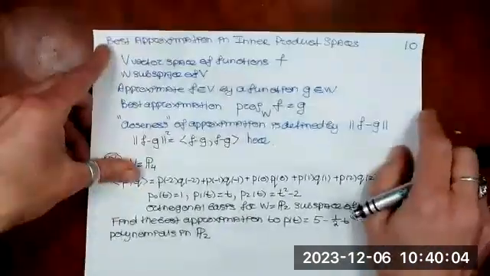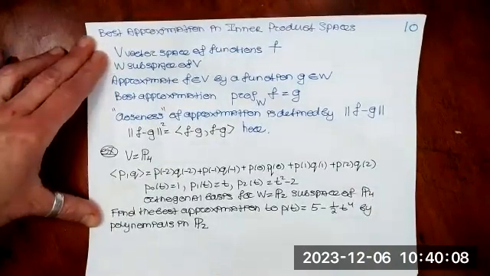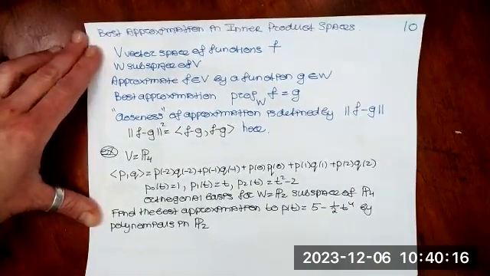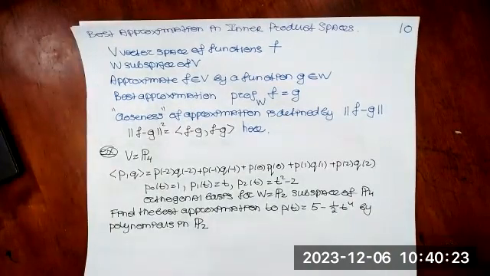And remember when we did best approximation with our dot products, like what's the best approximation for some vector given I can only use vectors in W. Here we can do this for functions because we're using general vector spaces, where it could be a vector space of functions, and we're using general inner products.